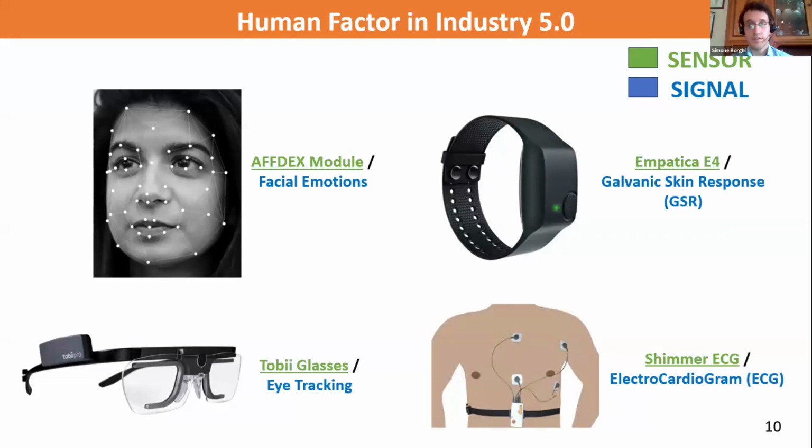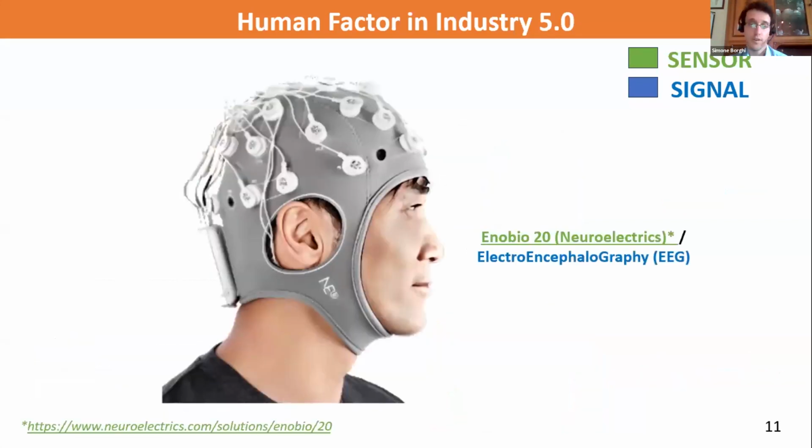Here in the figure below are some examples of modern biosensors present in my lab, such as facial motion recognition with computer vision AI algorithms, skin electrical activity monitoring with Empatica, eye activity with eye tracking, and heart activity with electrocardiography.